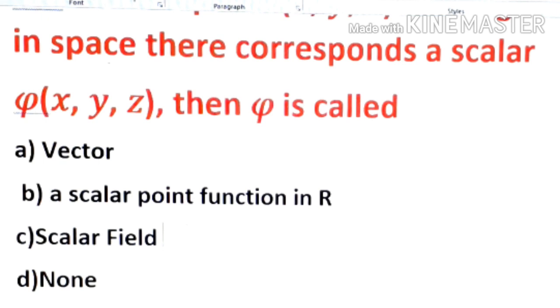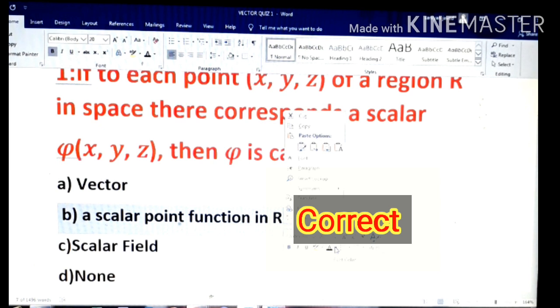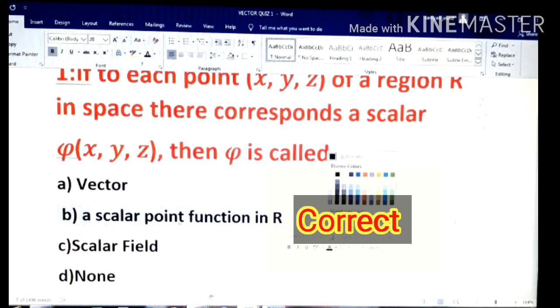Option B, a scalar point function in R. Option C, scalar field. Option D, none. Here the correct answer is option B, a scalar point function in R. Option B is the correct answer.